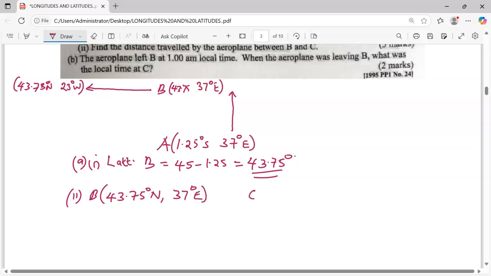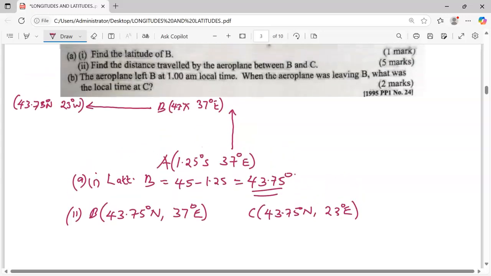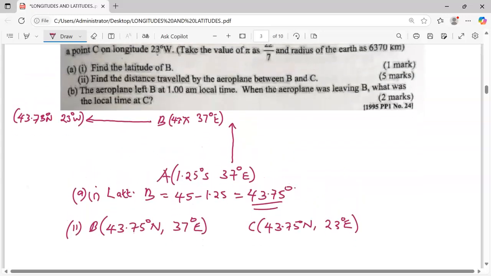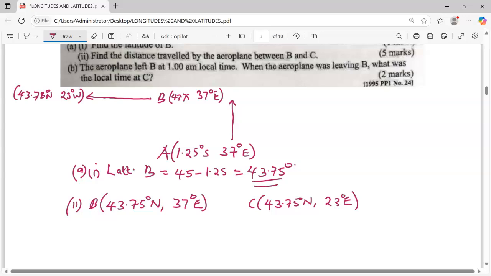We also have a point C, which is 43.75 degrees north, but the longitude is 23 degrees west. You realize the 2 points are lying along a small circle since they share the latitude. Therefore, we are supposed to calculate the distance between point B and C.